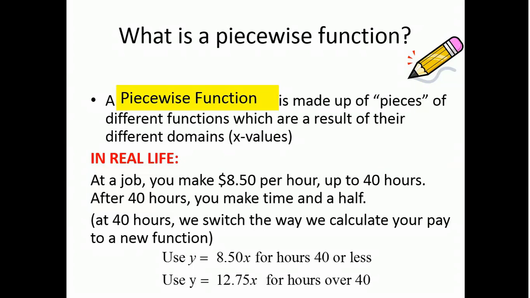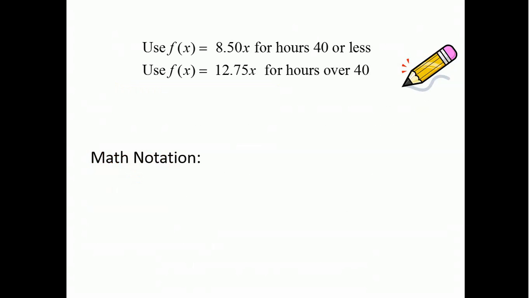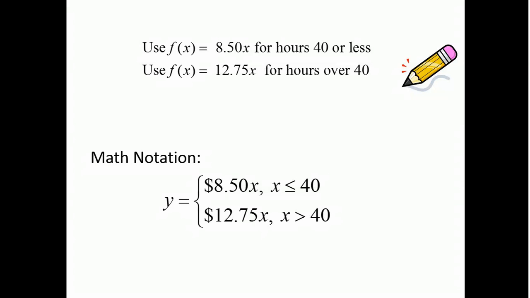So they're not all just straight lines; they're going to look like two straight lines that are put together. Math notation for this would look something like this: y equals 8.50x, where x is less than or equal to 40, because we said 40 hours or less, and 12.75x, where x is greater than 40.